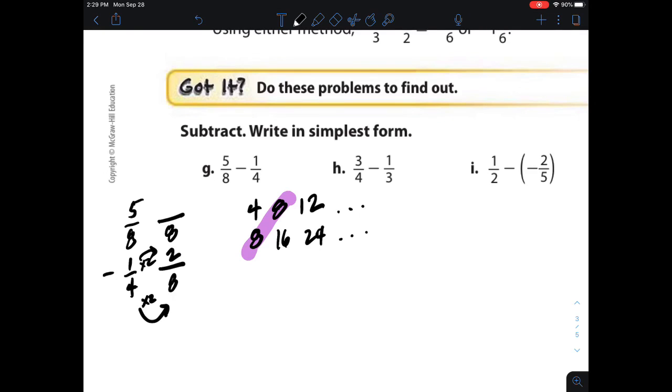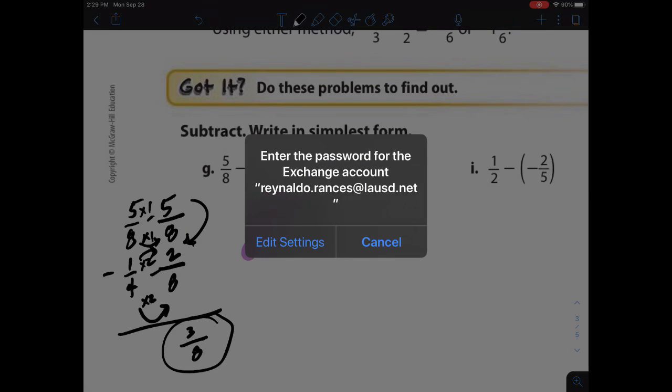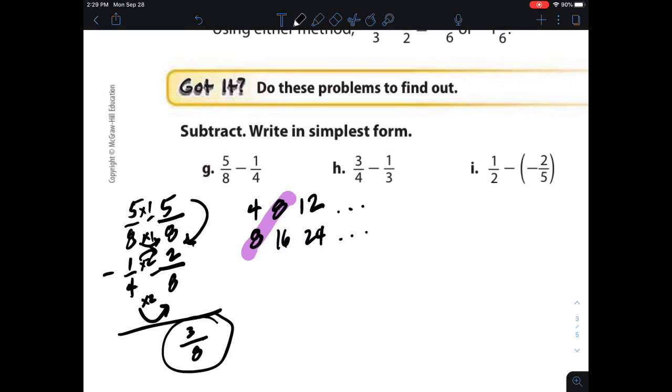This one I multiplied by 1, and therefore, I only multiply this by 1 as well. I end up with 5/8. So now I get 5 minus 2 is 3. And I keep the denominator the same, which is 8. That is the least common denominator method.